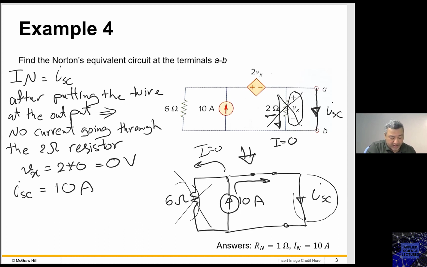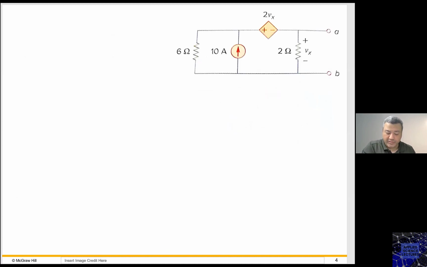Now I can find the R Norton by finding the V open circuit and dividing by the I short circuit. So in this case, I will find the voltage at the output here, which is the same as Vx.